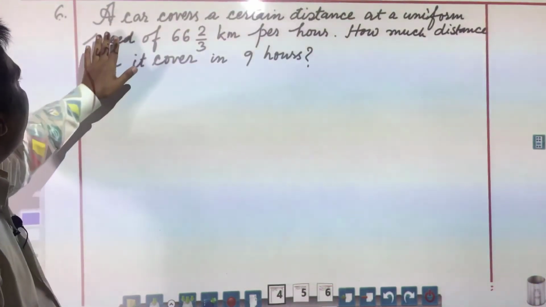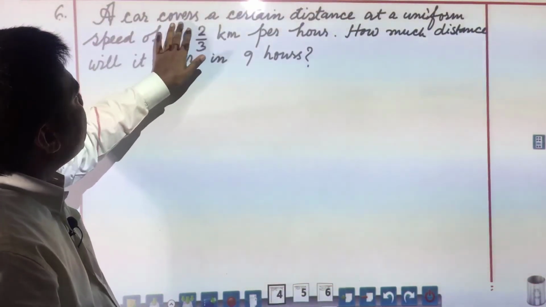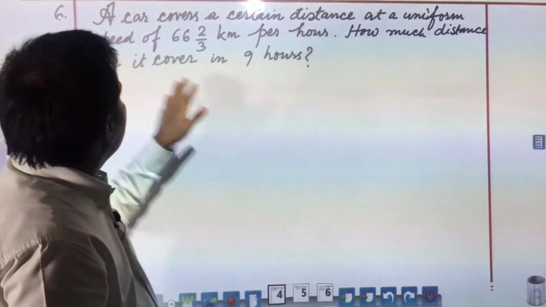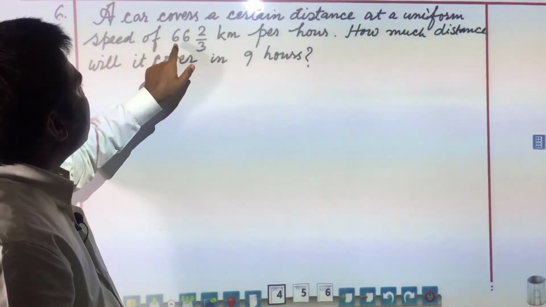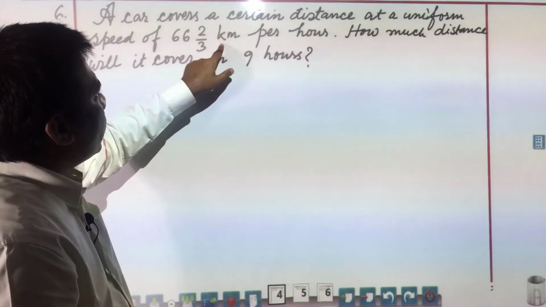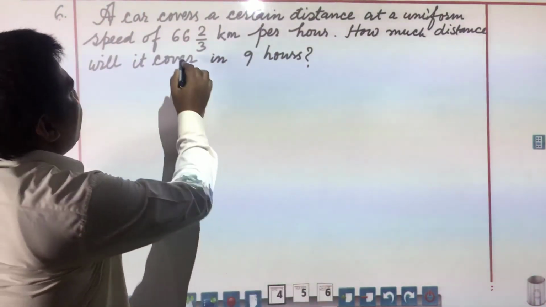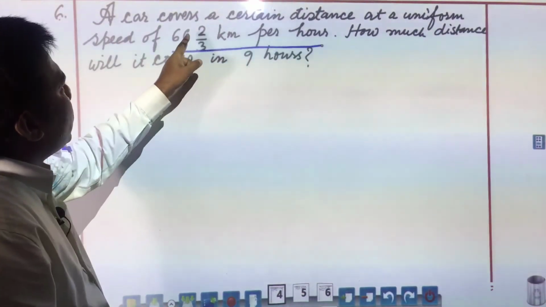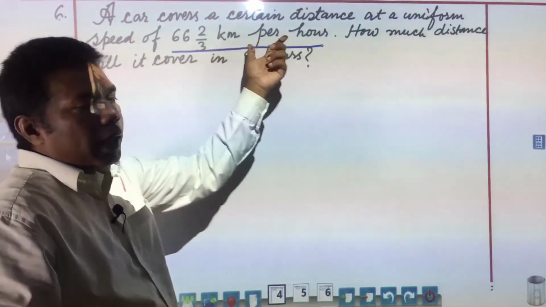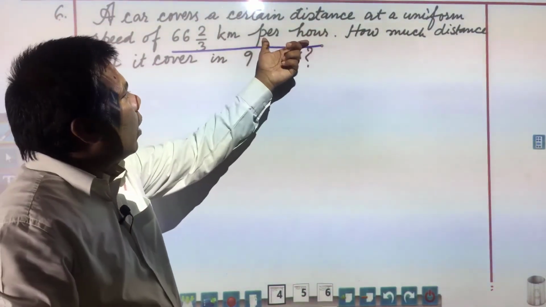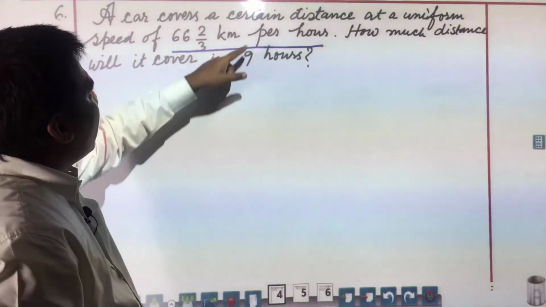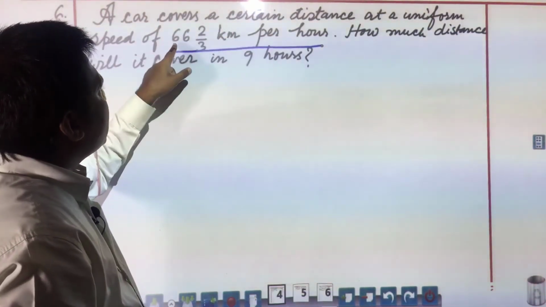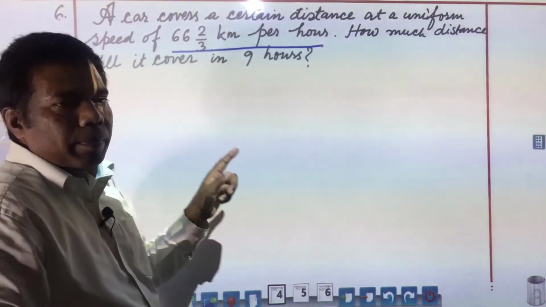Next question you have: a car covers a certain distance at a uniform speed of 66 whole 2 by 3 kilometer per hour. The speed of the car is 66 whole 2 by 3 kilometer per hour, means in 1 hour the car is covering this much distance, 66 whole 2 by 3 kilometer.